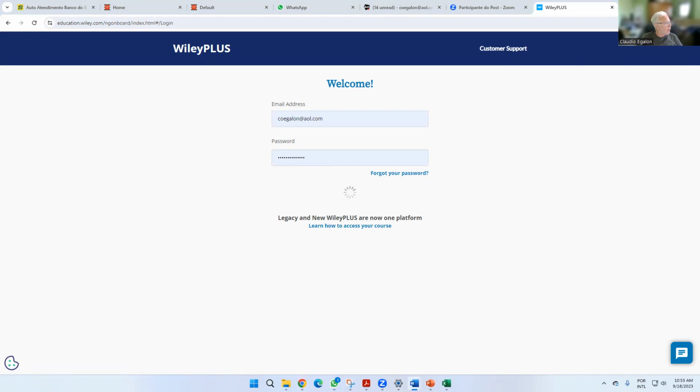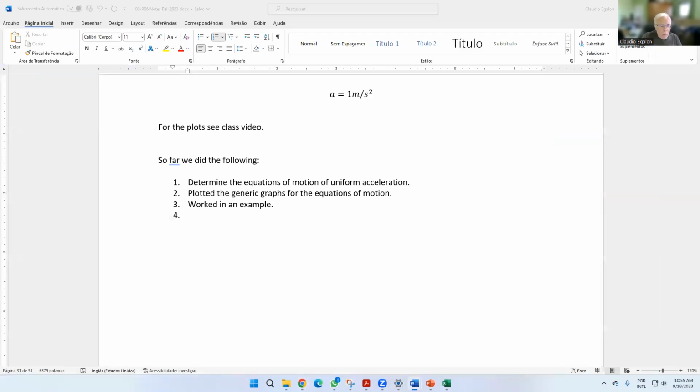Okay, so what I'm going to do is summarize here. Summary of the plots of the equations of motion, right?